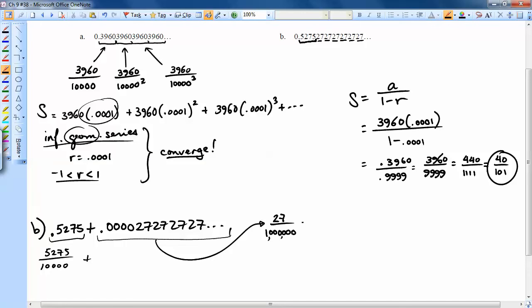Okay. So the next one is 27 over a million times, and it's moved over 2 more decimal places, so that's times 1/100. Then the next one's going to be 27 over a million times 1 over 100 squared, because it's moved over 4 decimal places. And we can continue that. Okay, so the first term is 27 over a million.